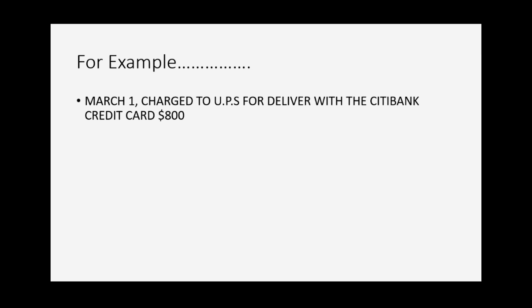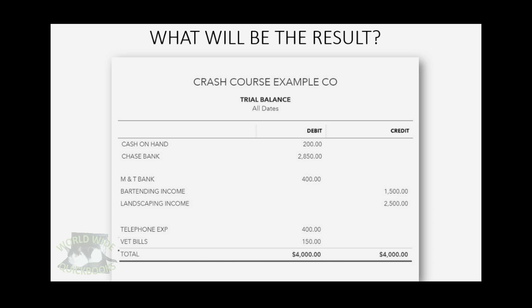For example, let's imagine on March 1, we charged to UPS for a delivery with the Citibank credit card $800. Now, if this is the way the trial balance looks before we record that charge, what will be the result after the charge?